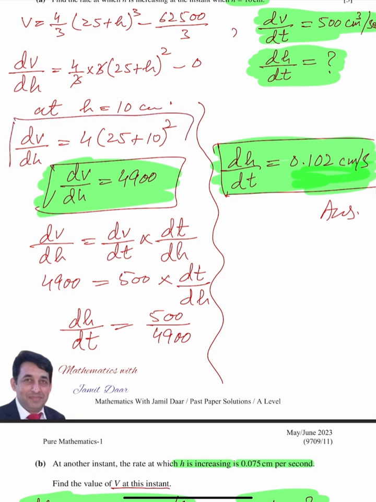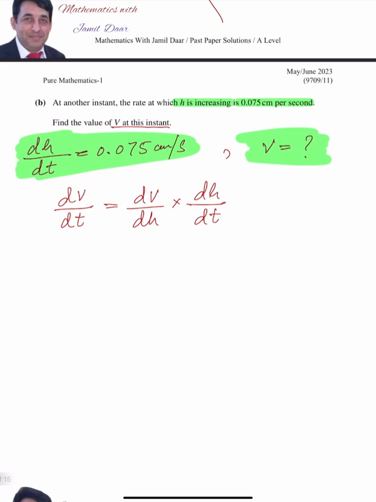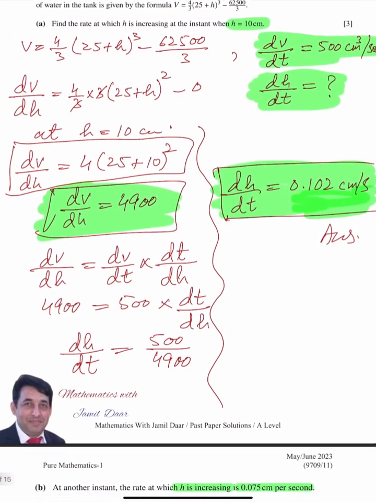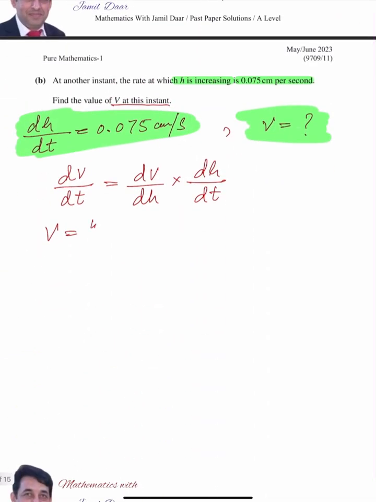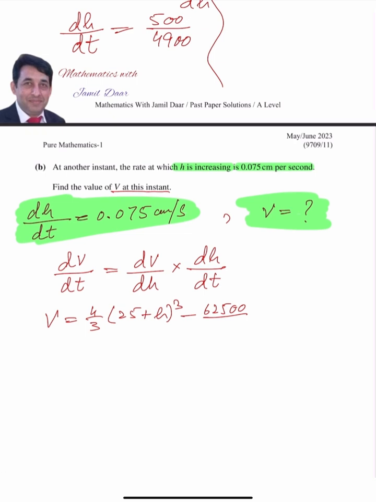V was given as 4 over 3 (25 plus h) whole cube minus 62,500 over 3.